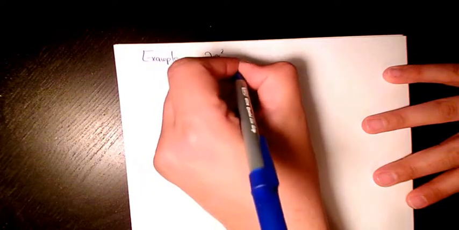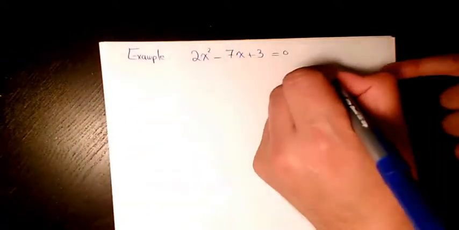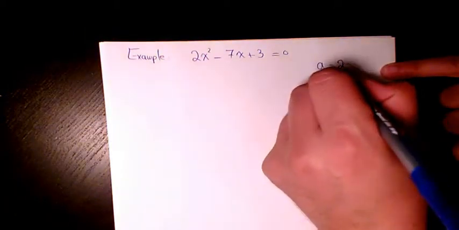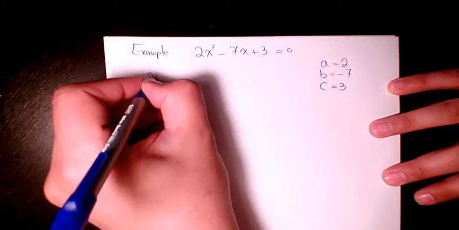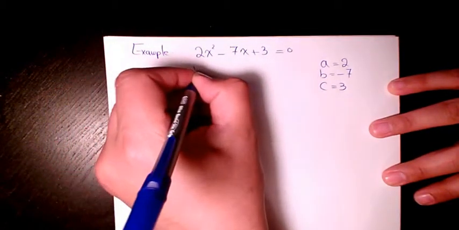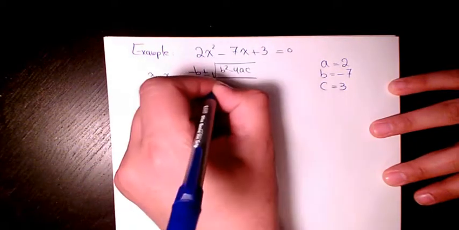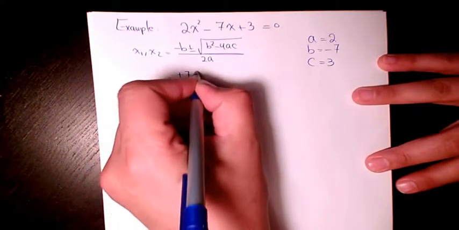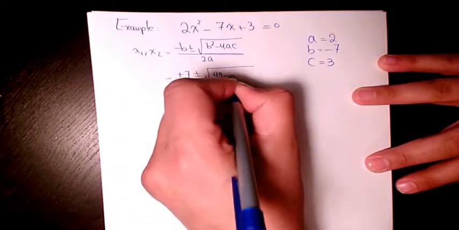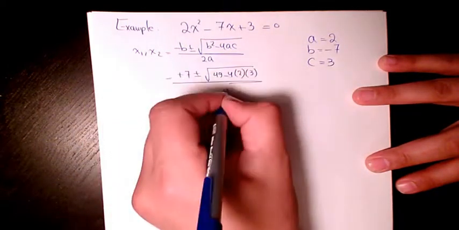We have 2x squared minus 7x plus 3 equals 0. This example, a is 2, b is negative 7, c is positive 3. So x1 and x2 are negative b plus minus square root of b squared minus 4ac, divided by 2a. So negative b will be positive 7 plus minus square root of b squared, which is 49, minus 4, a is 2, c is 3, divided by 2 times a, which is 4.